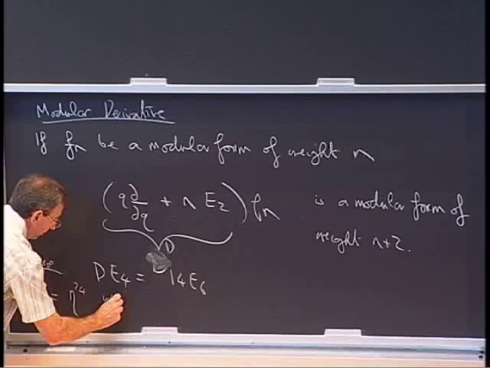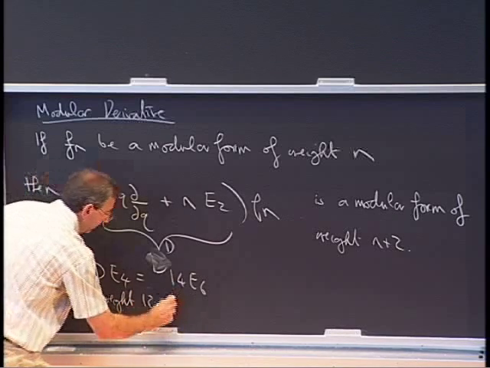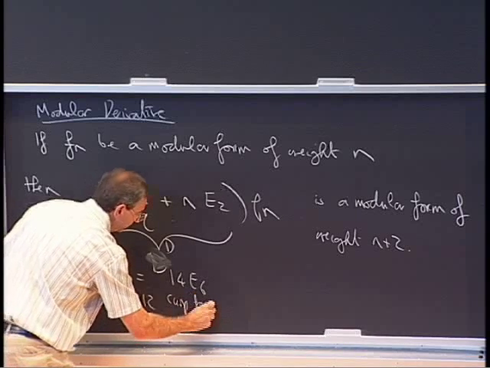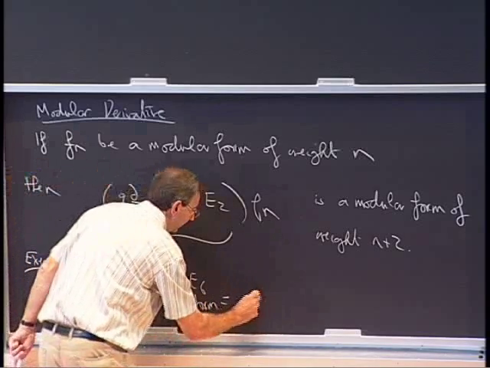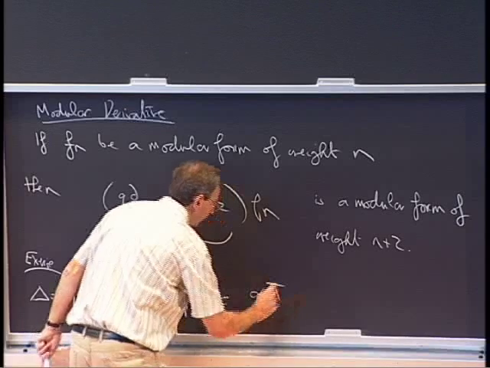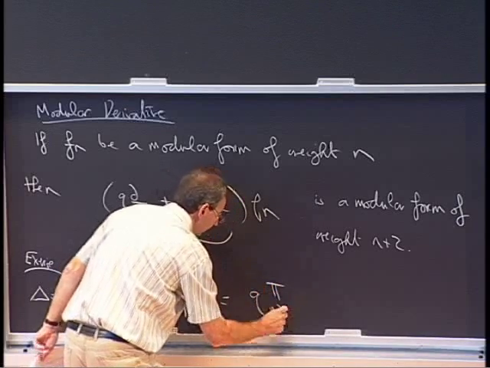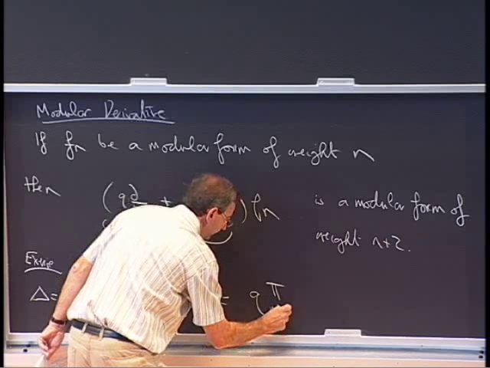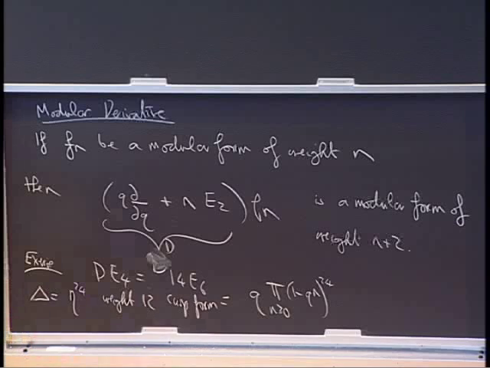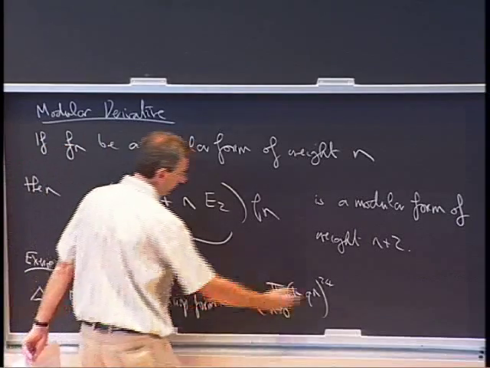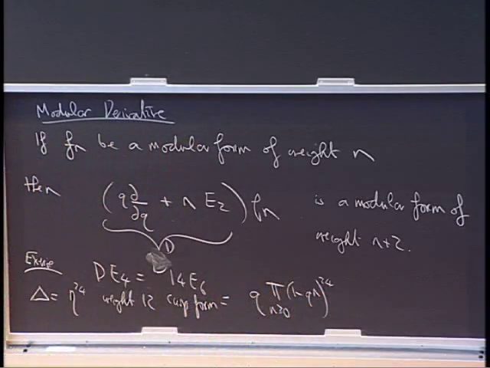It's the same as q times the product over n greater than 0 of (1 minus q to the n) to the 24, so the 24th power of the eta function. As q goes to 0, it vanishes. A modular form in general will have a constant term, but this thing is a cusp form, and these are interesting objects in their own right.